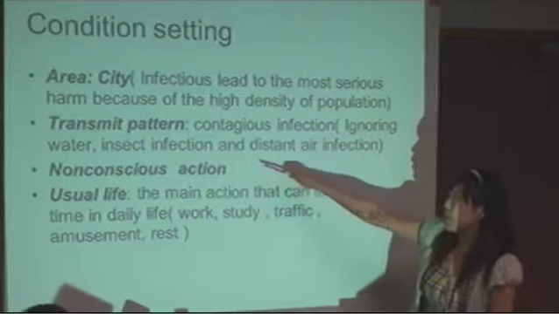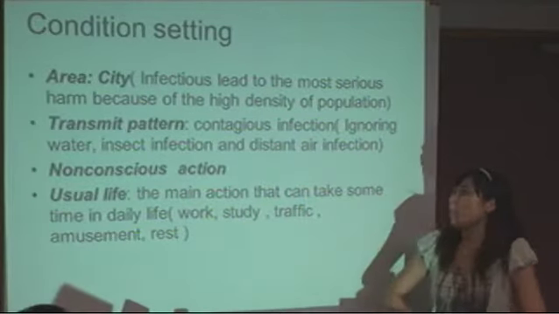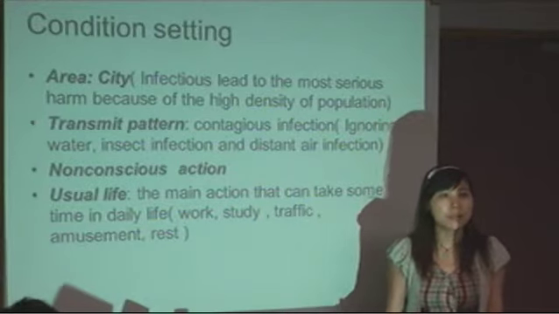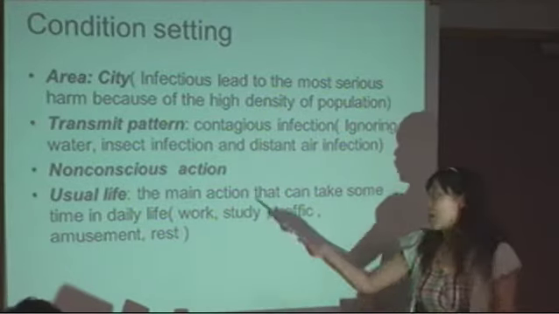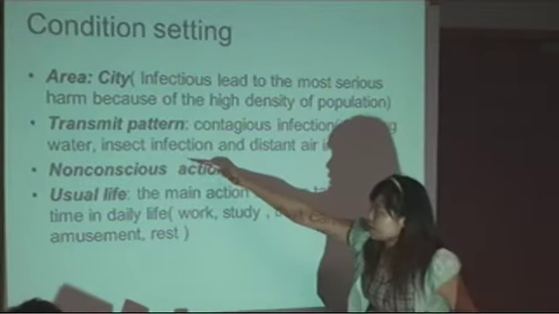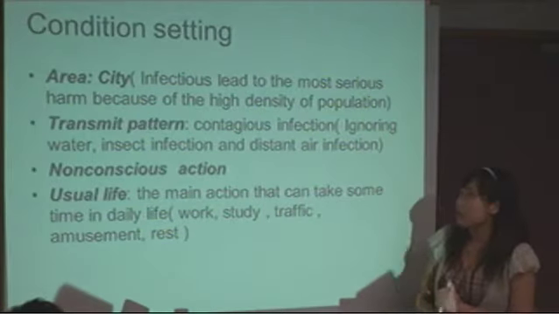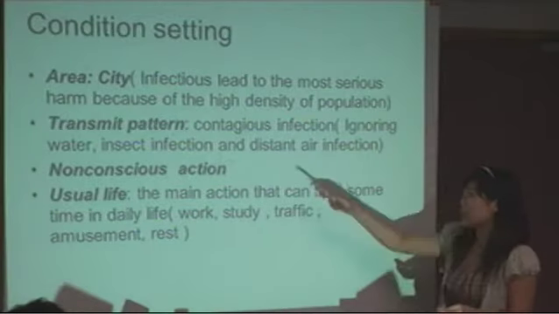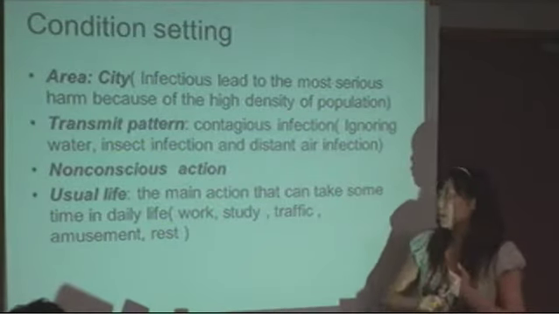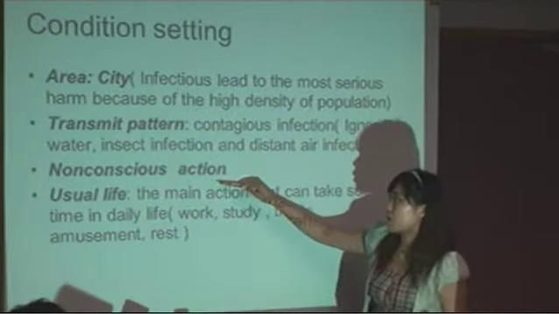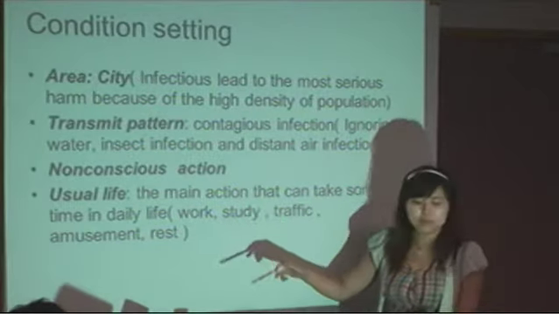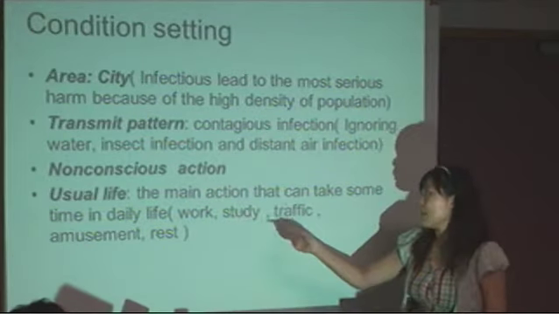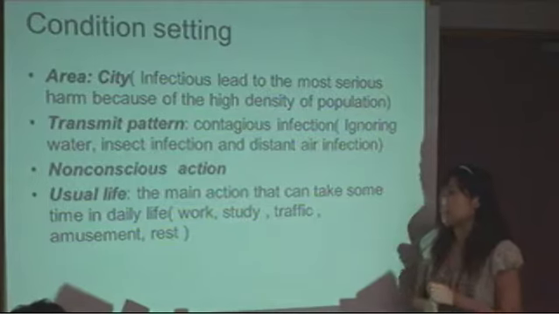For the transmit pattern, we know for the infections, they have a lot of patterns transmit, such as the contact and water transmit, such as insect infections. But I only put emphasis on the contagious infections, and this is non-conscious actions. It's just useful on our usual lives. The main action that can take some time in daily life.